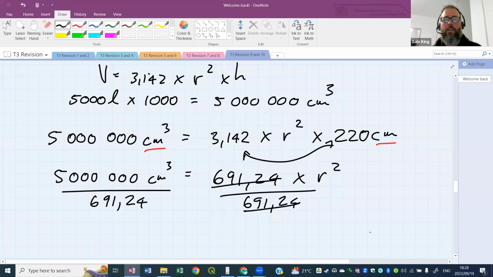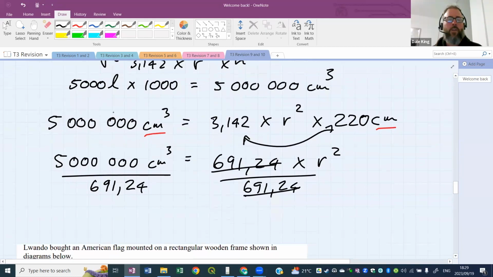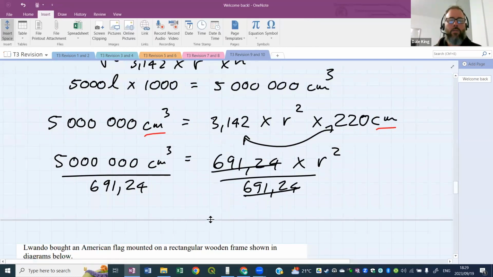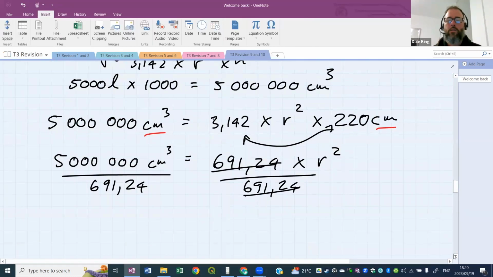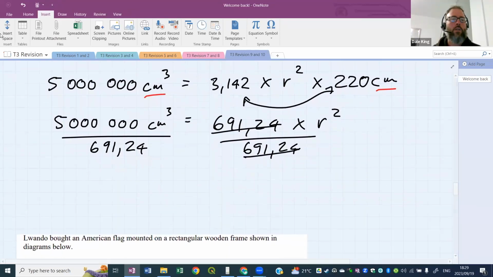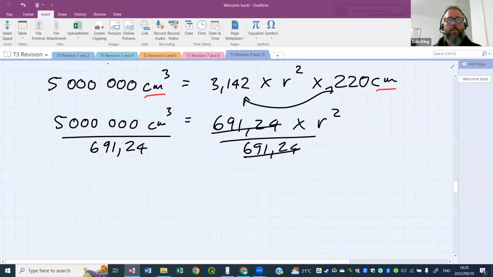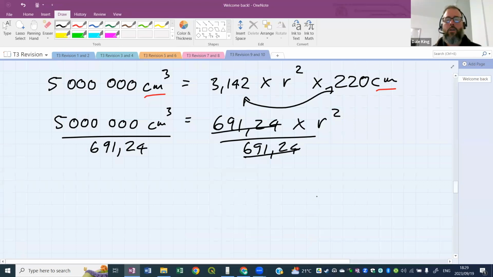That's what we want. So now what we're left with is, oh, I'm needing lots of space for this one. Let's get some more space here. Okay, so we've got R squared left on its own now. We've got rid of that number, and we've got 5 million divided by 691,24.